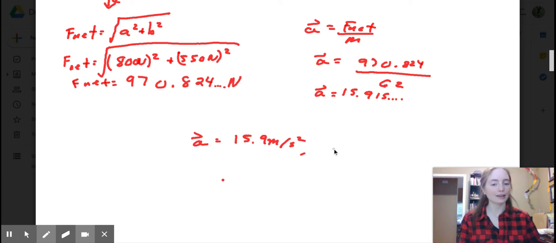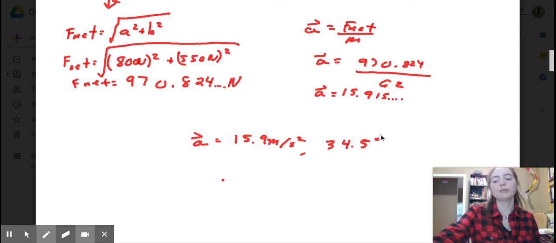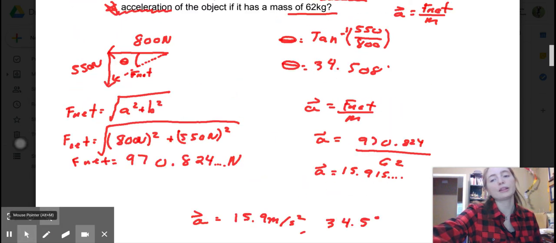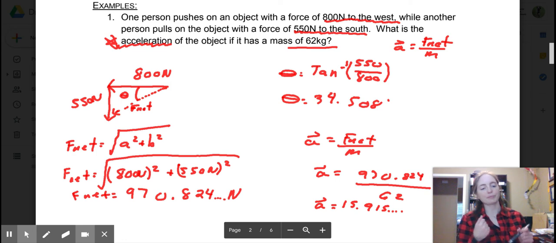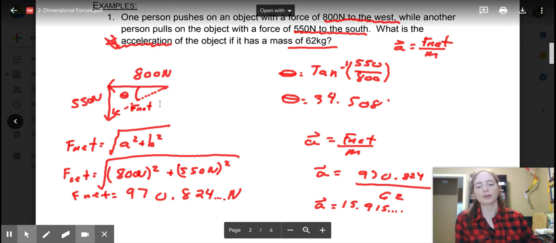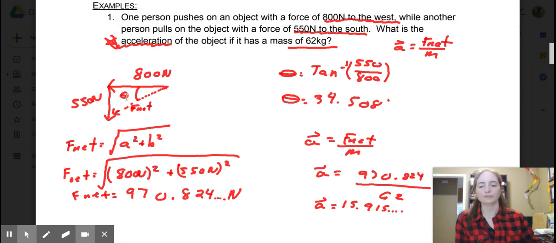And my theta, ladies and gentlemen, from previous was my 34.508. So once again, 3 sig digs, 34.5 degrees. Now I'm going to come back up to my triangle and I'm going to think a bit about my reference point for my theta. So when you look at your angle, right over here, how we have theta from our starting point here.